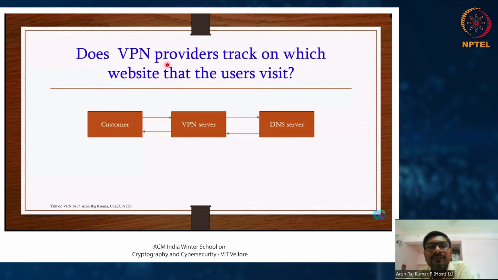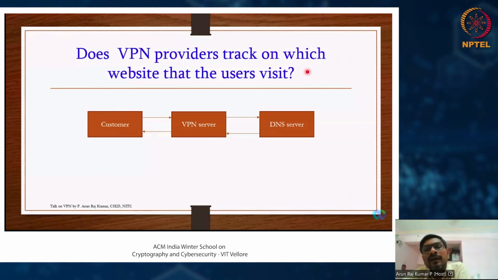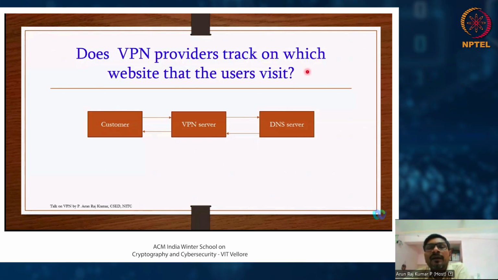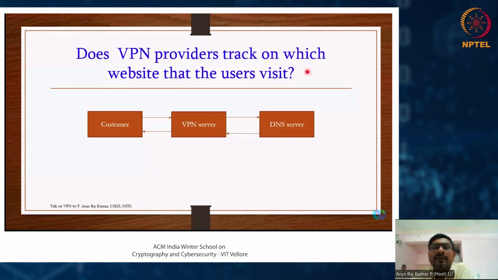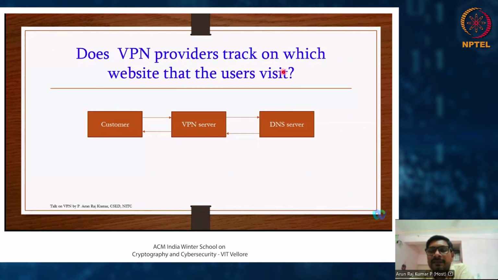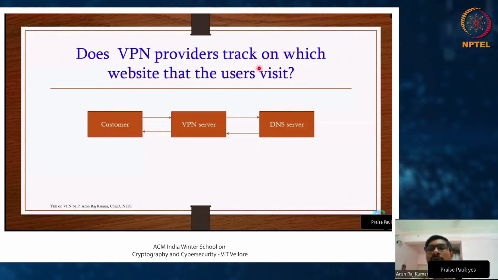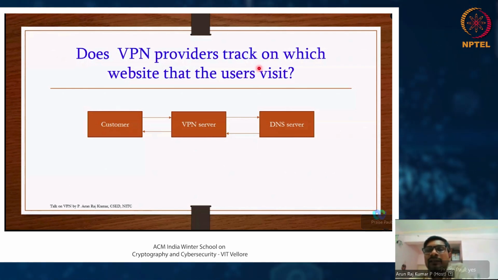So the question is, do VPN providers track which website the users visit? Do they track? Yes or no? The answer is yes. The VPN providers are tracking the user's websites.